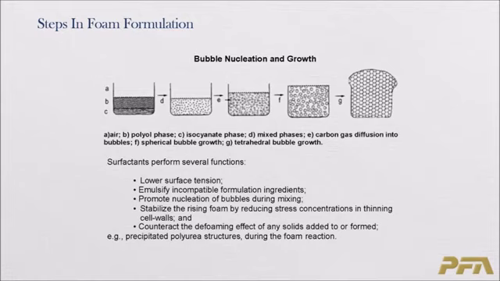The surfactant plays a role in all those steps: lowering the surface tension, helping emulsify all those components, and stabilizing the cells as they're being formed. So the surfactant is an extremely critical component in the foam process.